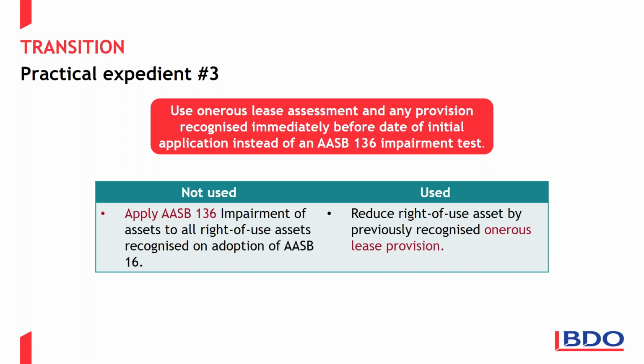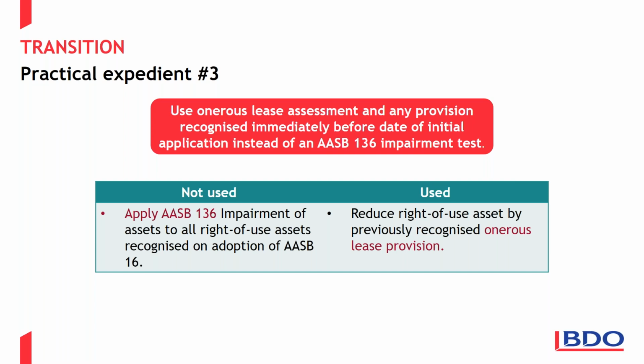To make it a bit easier and faster on the date of initial application, they could say, listen, let's look at the assessments we've made in the past on onerous leases and any provisions we've created for onerous leases, and let's run with that. Because you would have done that assessment at 30 June 2019. Let's run with that on 1 July 2019. So that is very important.